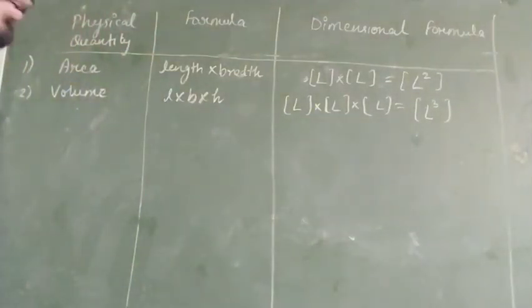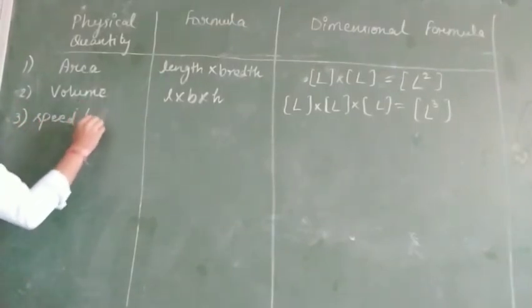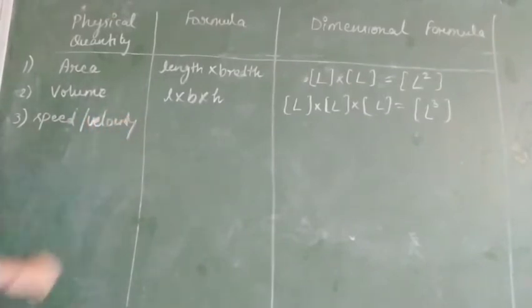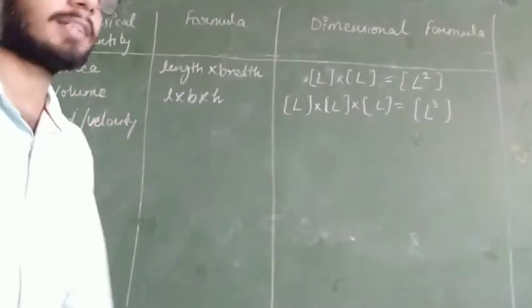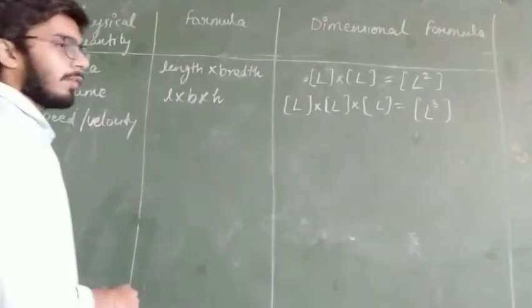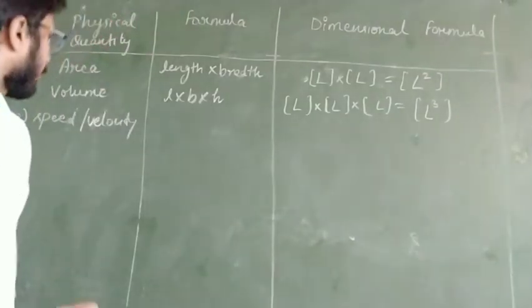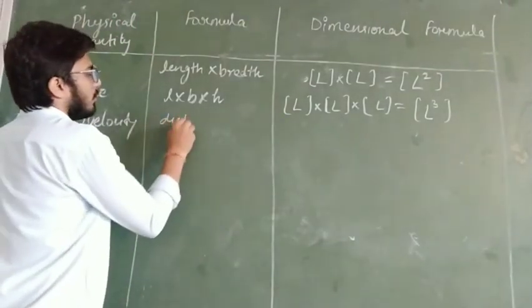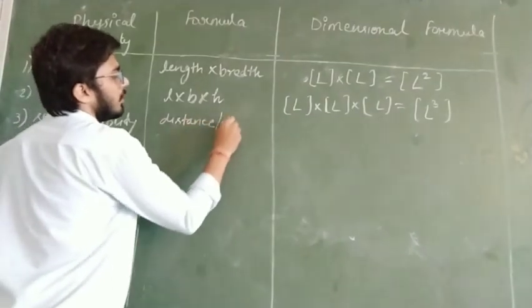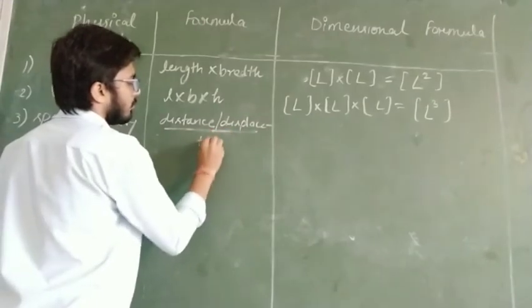Now, third, speed or velocity. Generally, I know speed and velocity are scalar and vector, but the dimensional formula obtained for both speed and velocity will be the same. Speed is equal to distance upon time and velocity is equal to displacement upon time. So distance or displacement upon time.